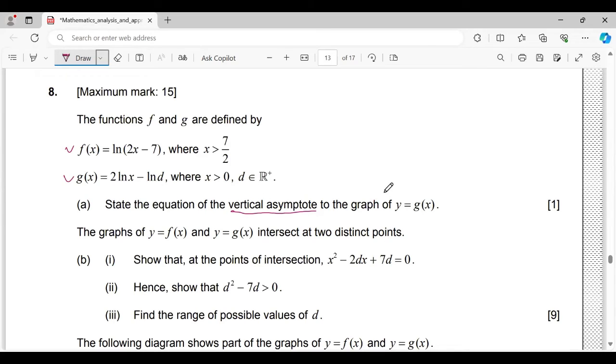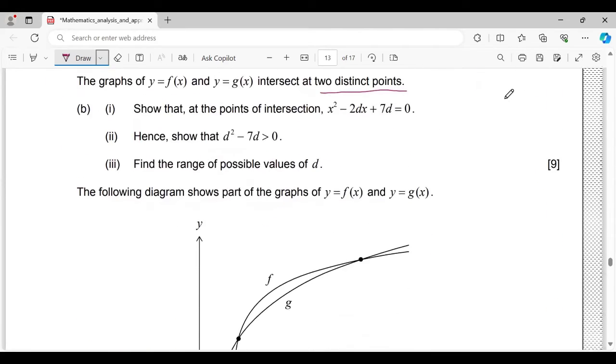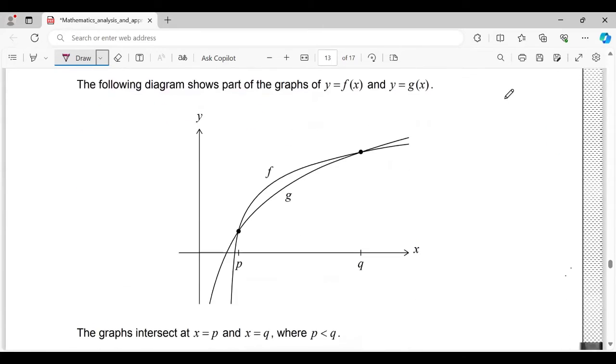The vertical asymptote happens on the y-axis, and the graphs intersect at two distinct points on the x-axis. So this happens when x equals 0. We are going to find what happens if x equals 0.